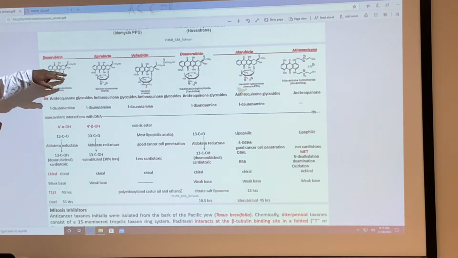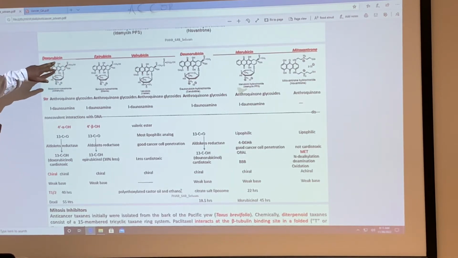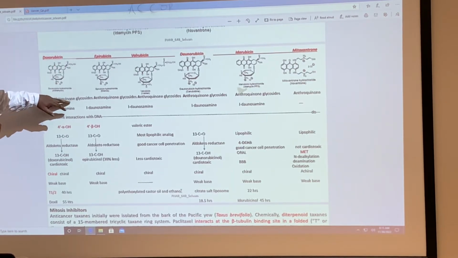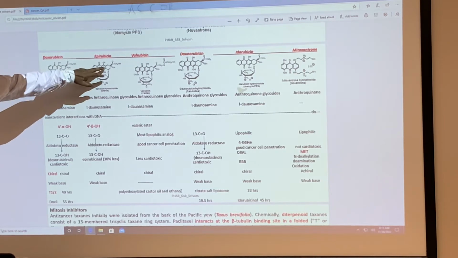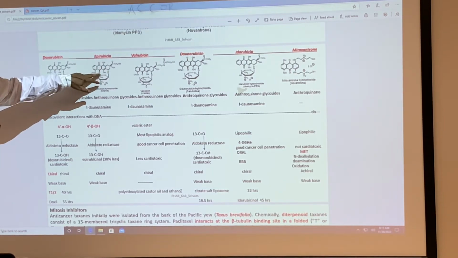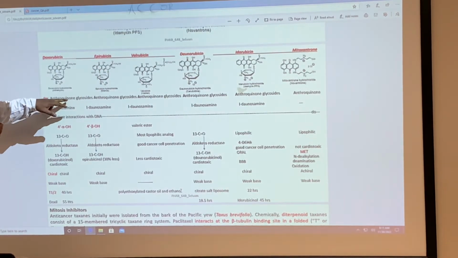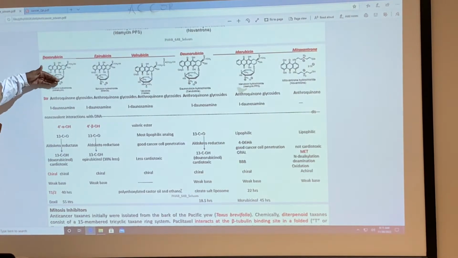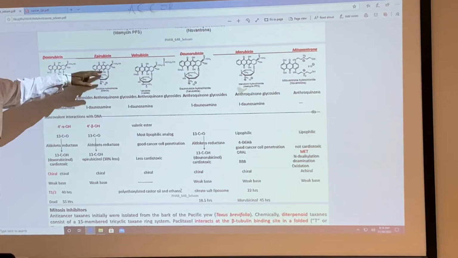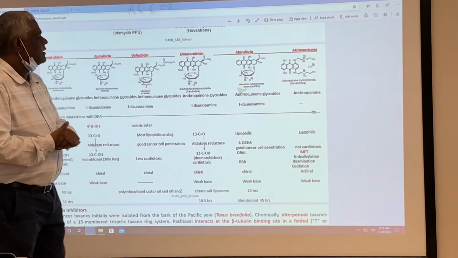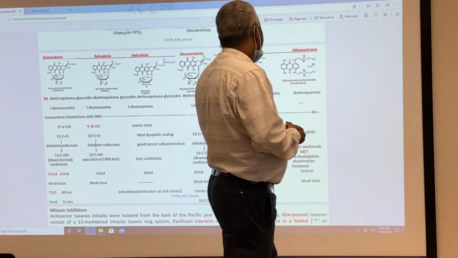The aglycone part is the anthraquinone: a four-member ring with a diketo, that is a quinone, anthraquinone, and that's a sugar. Those two are connected with a glycosidic bond. So they are all classified as anthraquinone glycosides.